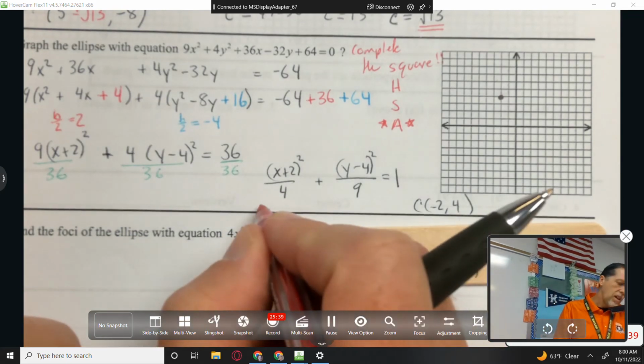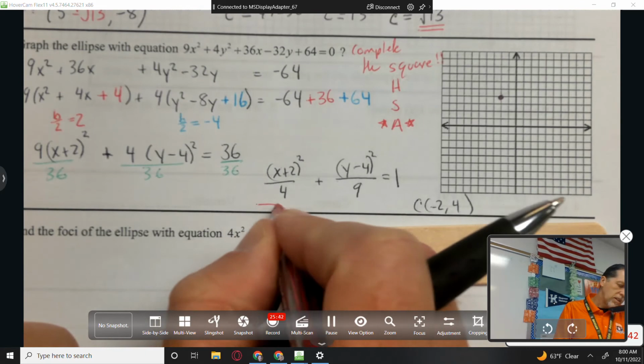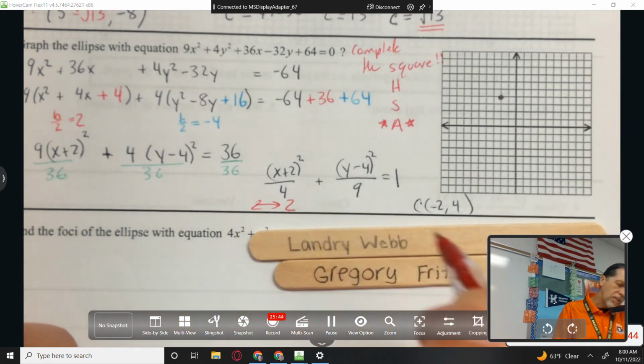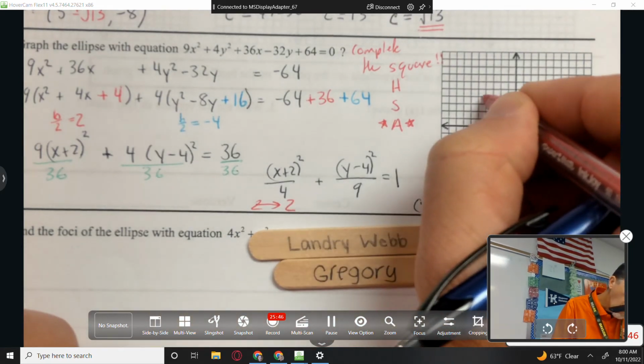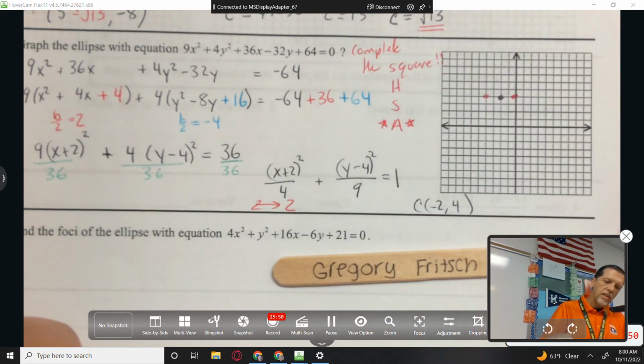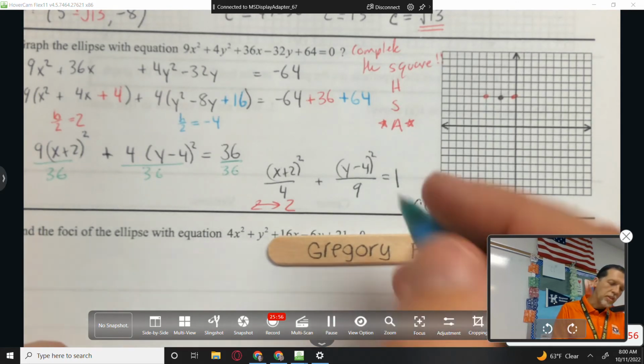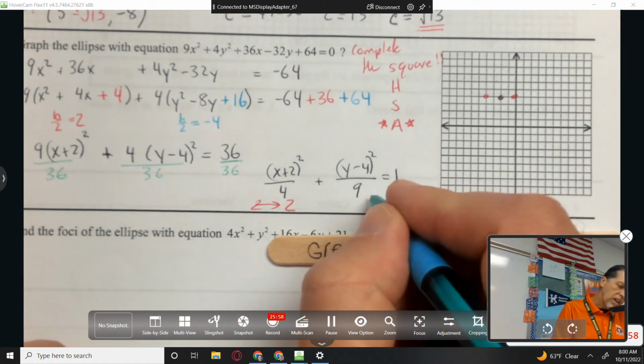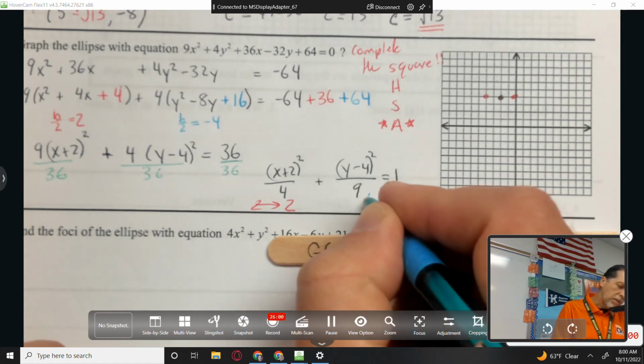Okay. And what do we do with the 2? Left and right 2. Gregory, how about the 9? What do we do with the 9? And then what do we do with the 3? Good, up and down 3.